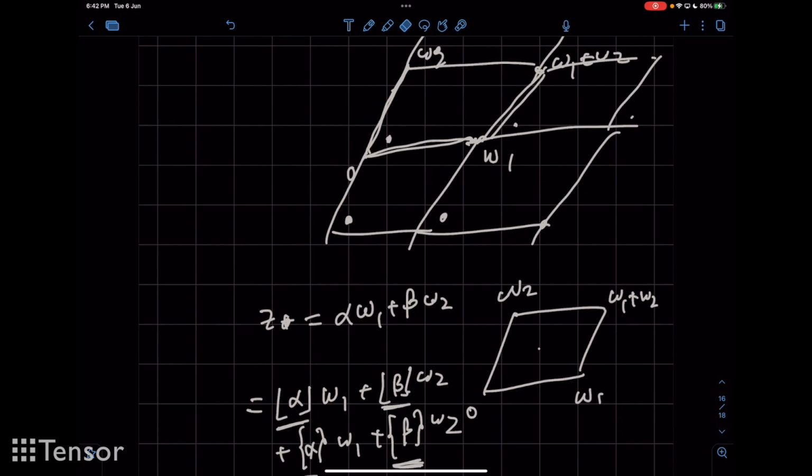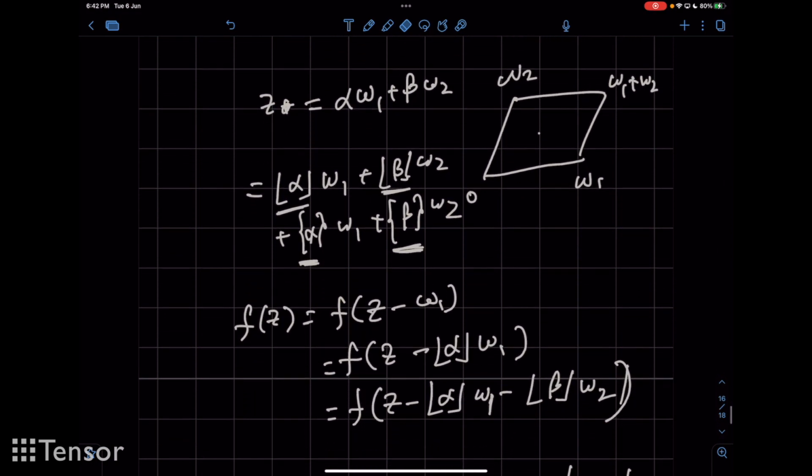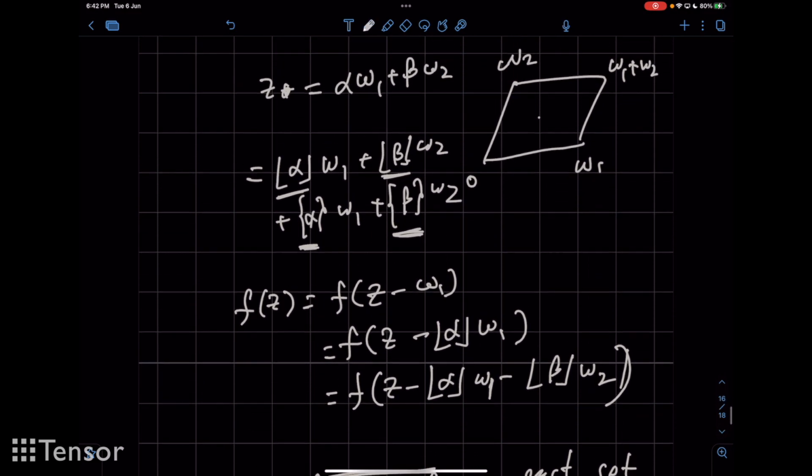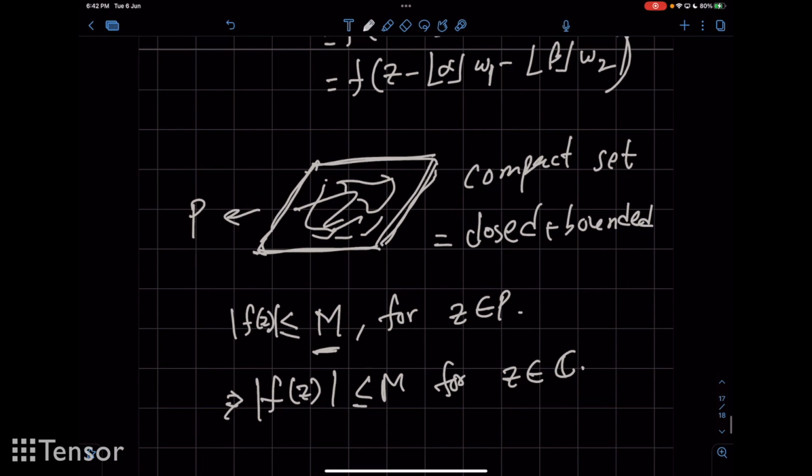Yeah. You can consider an elliptic function to be a function defined on a torus, because the value of the function on this line is equal to the value of the function on this line as well, and the value of the function here is equal to the value of the function here. So we can glue this line and this one, and this one and this one as well.